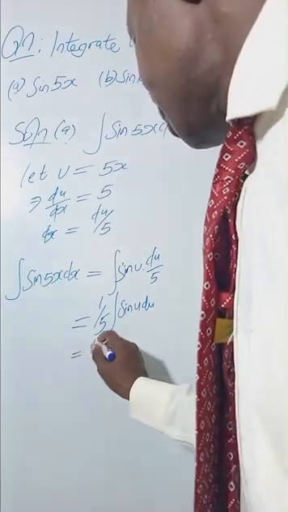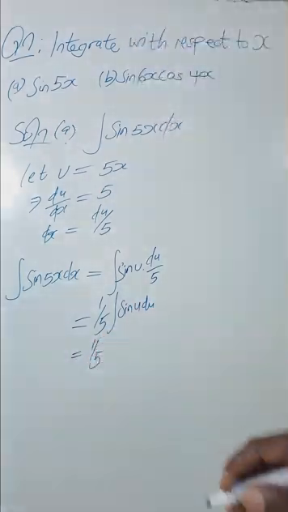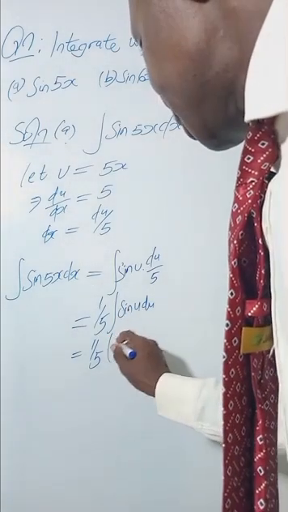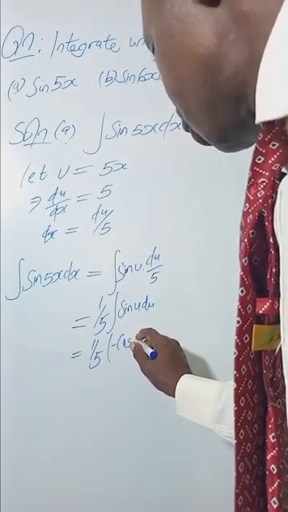Integrating sine gives us negative cos u.